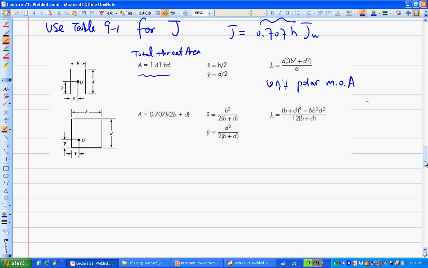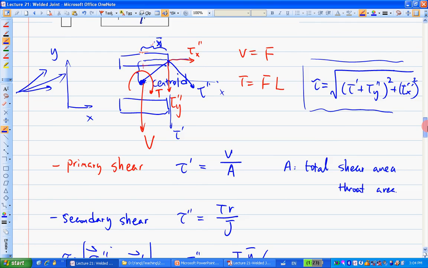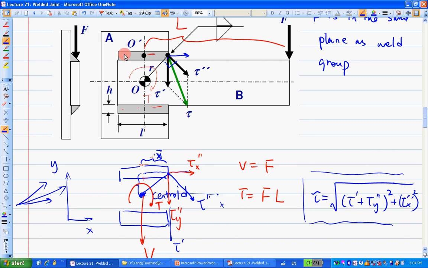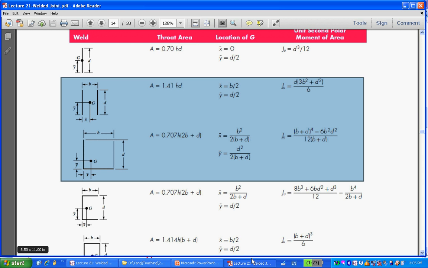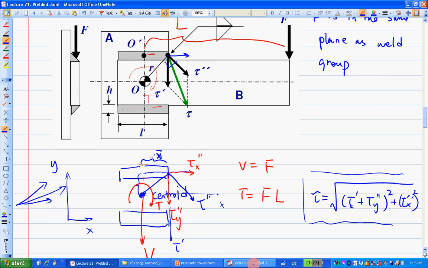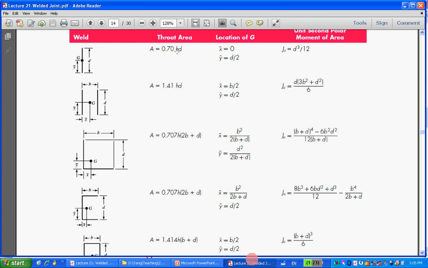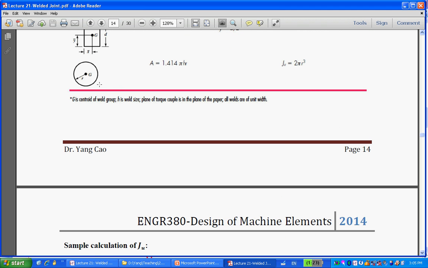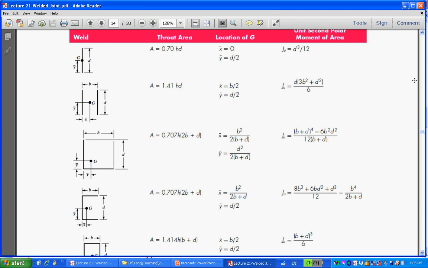Right, there's another question in here. So let's see if I have a weld like this. This is a 2 horizontal. But if you look at this table 9-1, and going up, and then there's one more circle, there is no 2 horizontal bar kind of weld.